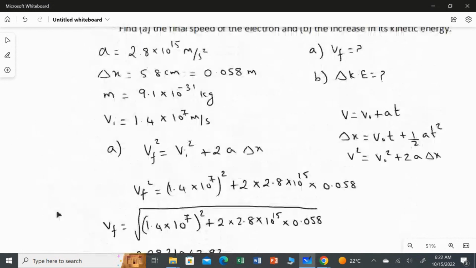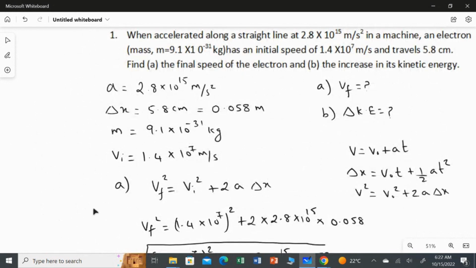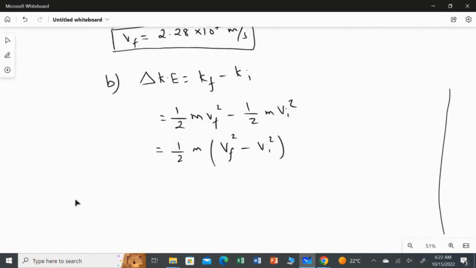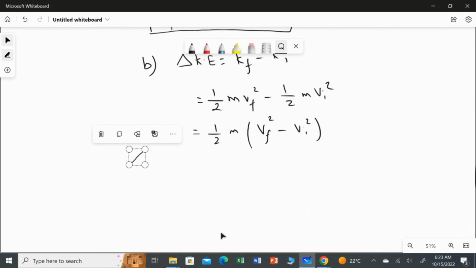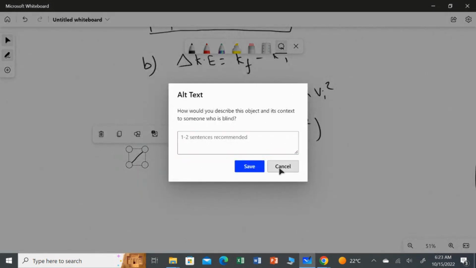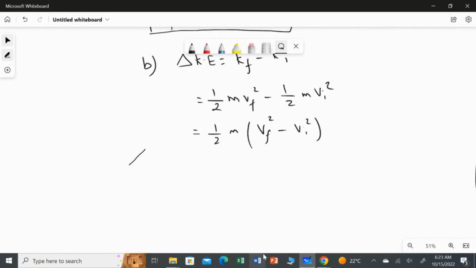So better we can have a look at the initial speed. The initial speed is 1.4 multiplied by 10 to the power of 7. I'm going to substitute the value here.